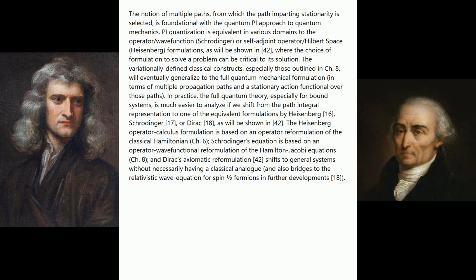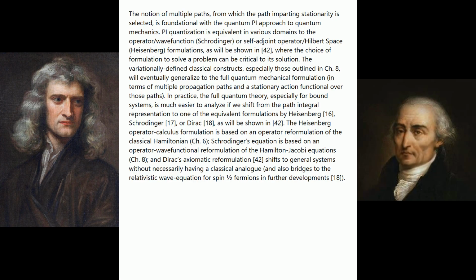The notion of multiple paths, from which the path imparting stationarity is selected, is foundational with the quantum PI approach to quantum mechanics. PI quantization is equivalent in various domains to the operator/wave function, Schrödinger, or self-adjoint operator/Hilbert space, Heisenberg, formulations, as will be shown in, where the choice of formulation to solve a problem can be critical to its solution.